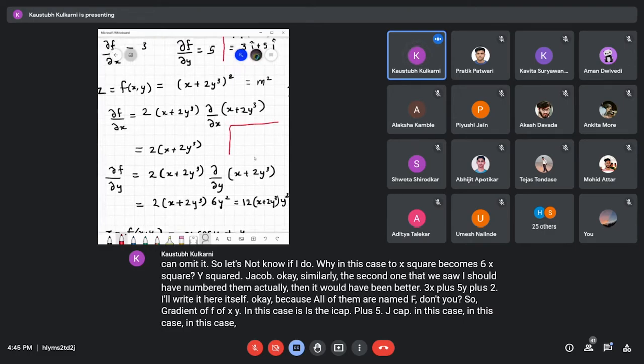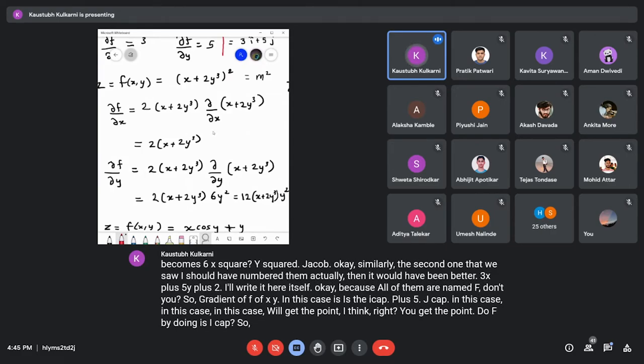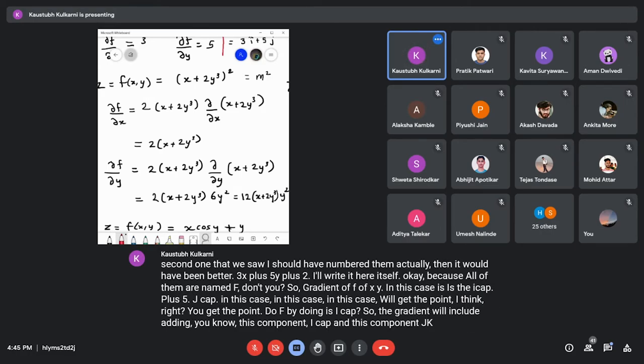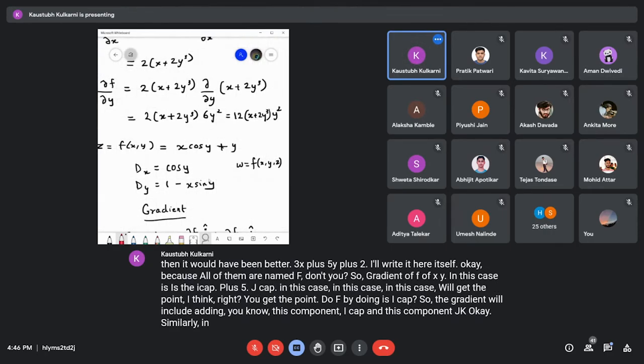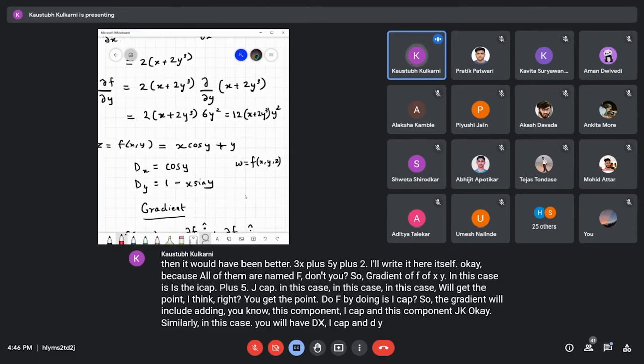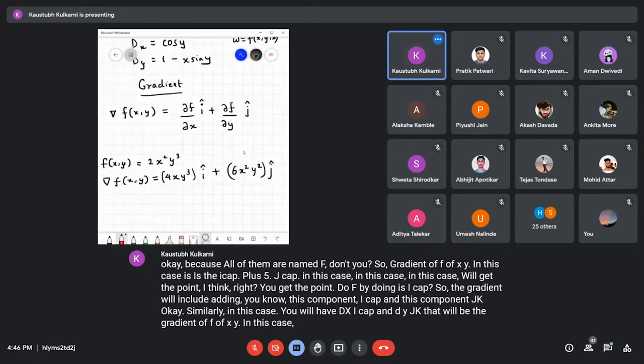You get the point, I think, right? Dou f by dou x i cap. So the gradient will include adding this component i cap and this component j cap. Similarly, in this case, you will have dx i cap and dy j cap. That will be the gradient of f of xy in this case.